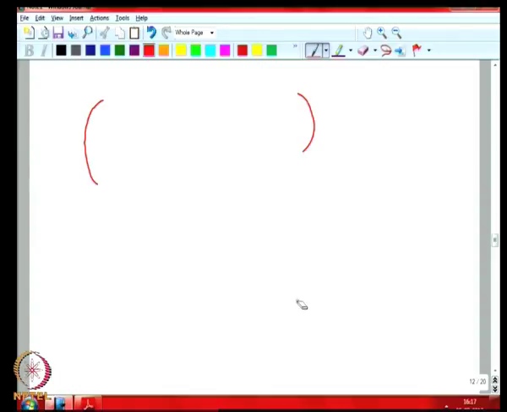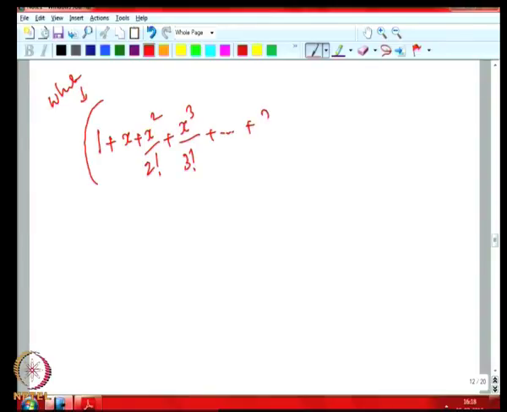This is our plan. We introduce one term for each color. The first color, say white, will get this term. What is this term? This will be 1 plus x plus x square by 2 factorial, x cube by 3 factorial and so on till x raised to 12 by 12 factorial.